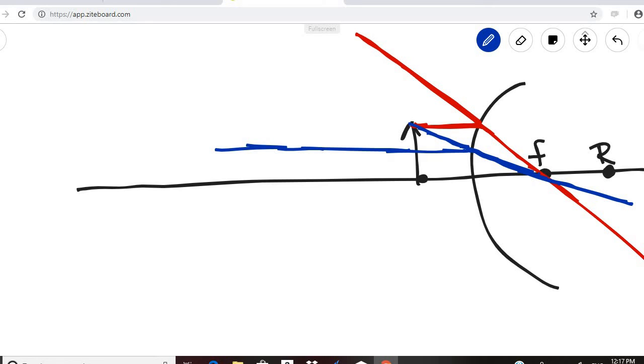And this one came in as if it went through the focal point, and if we extrapolate it out, it would go that way.